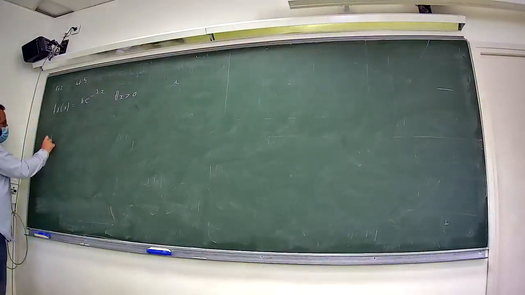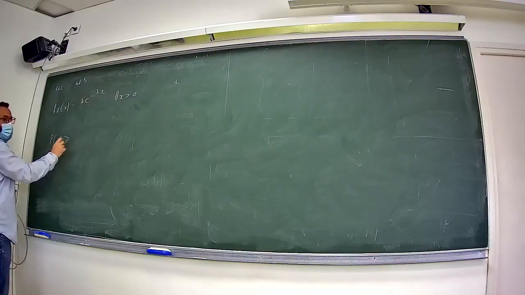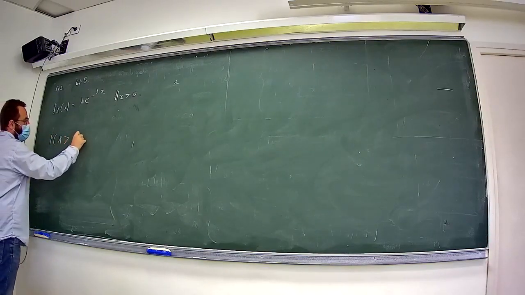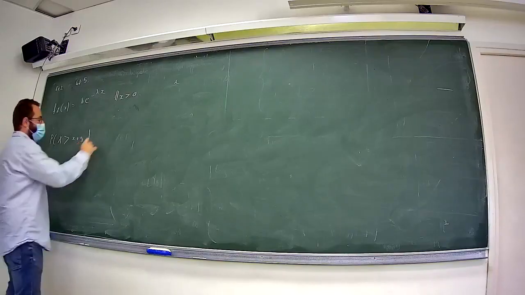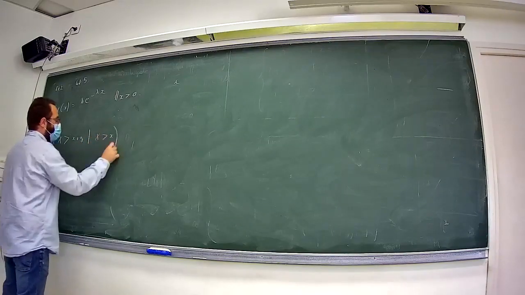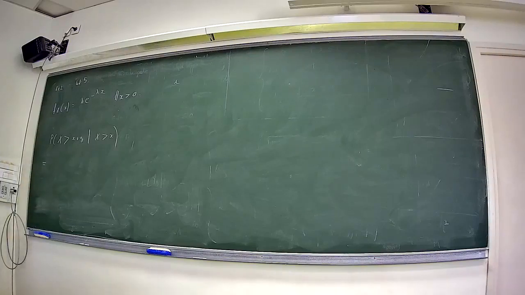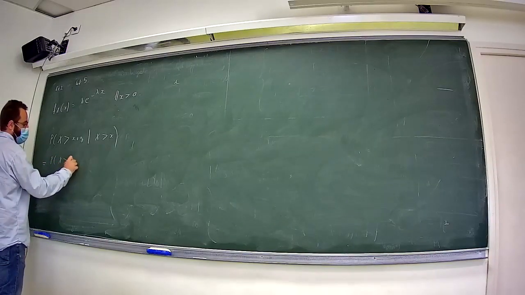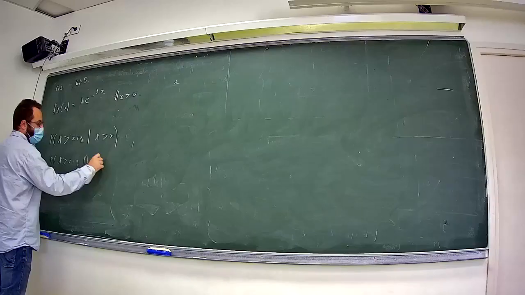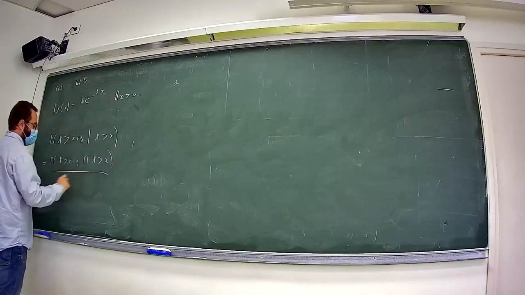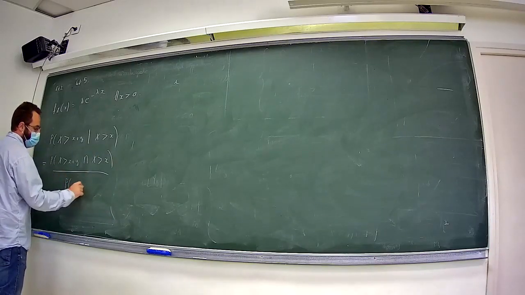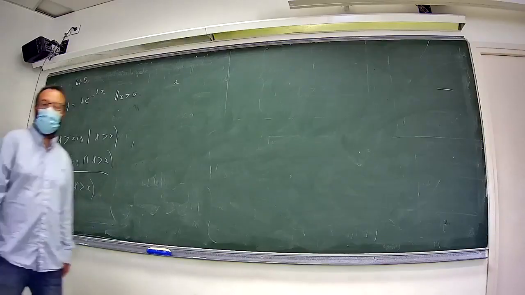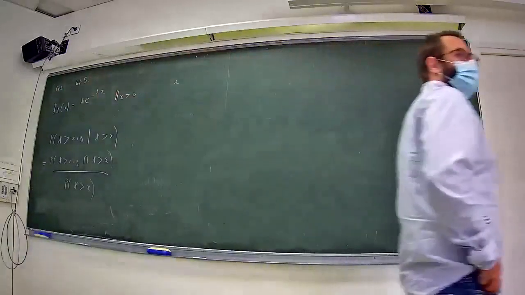Probability of A given B. So if I am interested in the probability that X is strictly greater than x plus y given X greater than x, it's the probability of the intersection, over the probability that X is greater than small x.